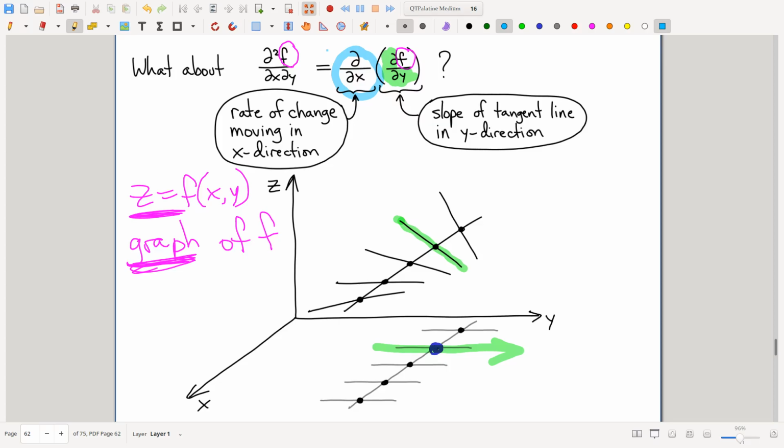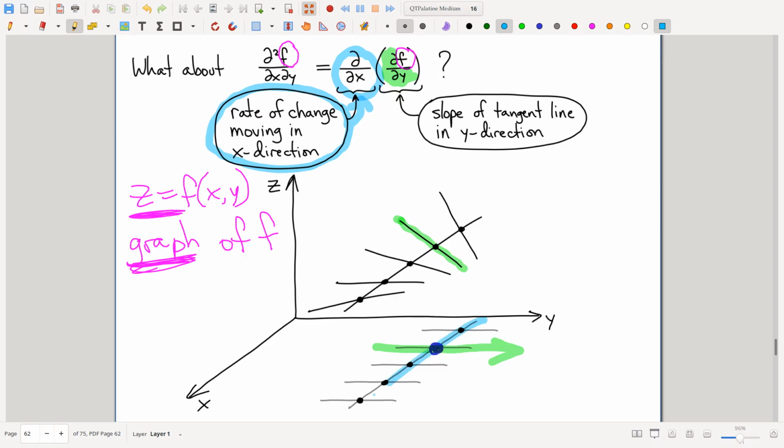Okay, well, how are we going to think about this? We just have this other point of view on partials with respect to x. I can think of a partial as a rate of change as you move in that x direction. No graph required, right?